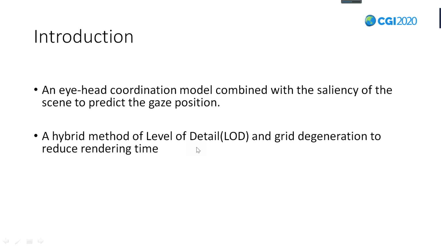Second, based on these results, we introduce a hybrid method of level of details. Given this level of details, we also introduce mesh degeneration to help reduce the rendering time, so we can improve the overall system performance and the user experience.